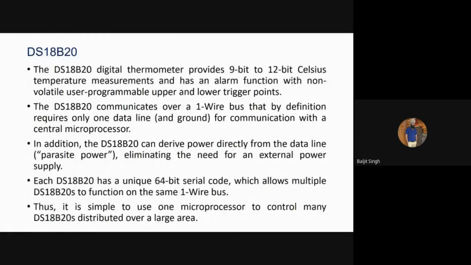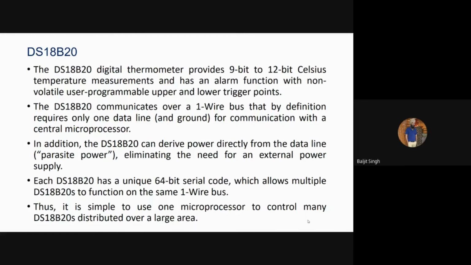The DS18B20 digital thermometer provides 9-bit to 12-bit Celsius temperature measurement, direct temperature measurement, and has an alarm function with non-volatile user programmable upper and lower trigger points.